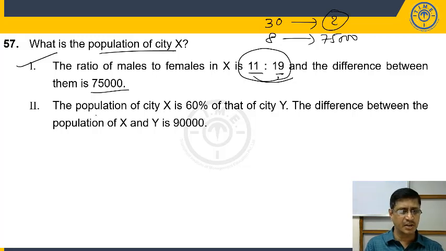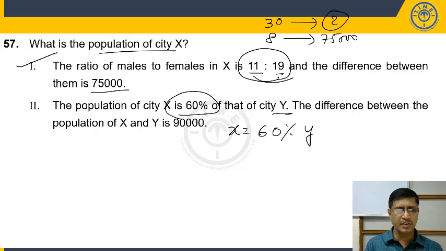Now what about the second statement? The population of city X is 60% of that of city Y. So X is equal to 60% of Y. The difference between the population of X and Y is 90,000. So what is the meaning here? X is 60% of Y, which means if Y is 100%, X is 60%.